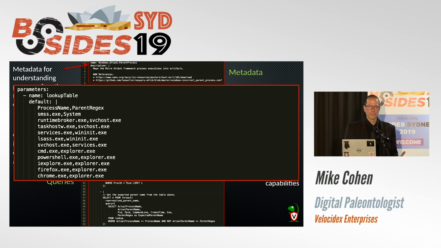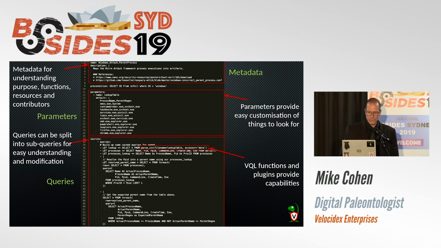So if someone tries to install malware on a machine and then tries to call it like system or SVC host or LSASS or something like this, so that it doesn't look odd when you look at the task manager, then we could pick it up, because we will say, oh, actually that's not right because it wasn't launched by the correct parent. So this is one of the attack techniques in the attack matrix. But this is just an example.